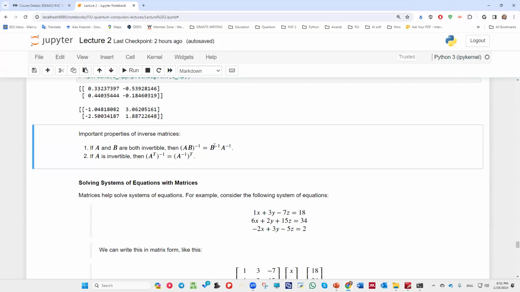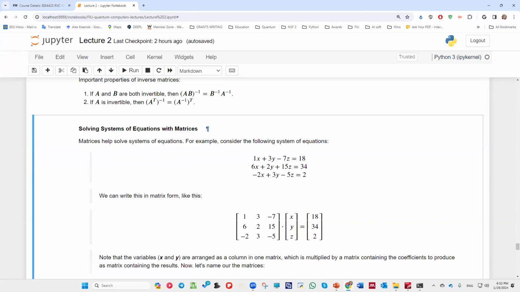The inverse matrices multiplied in the reversed order. And another funny property is that transpose and inversion, you can exchange them, right? So the inverse of the transpose is equal to the transpose of the inverse.